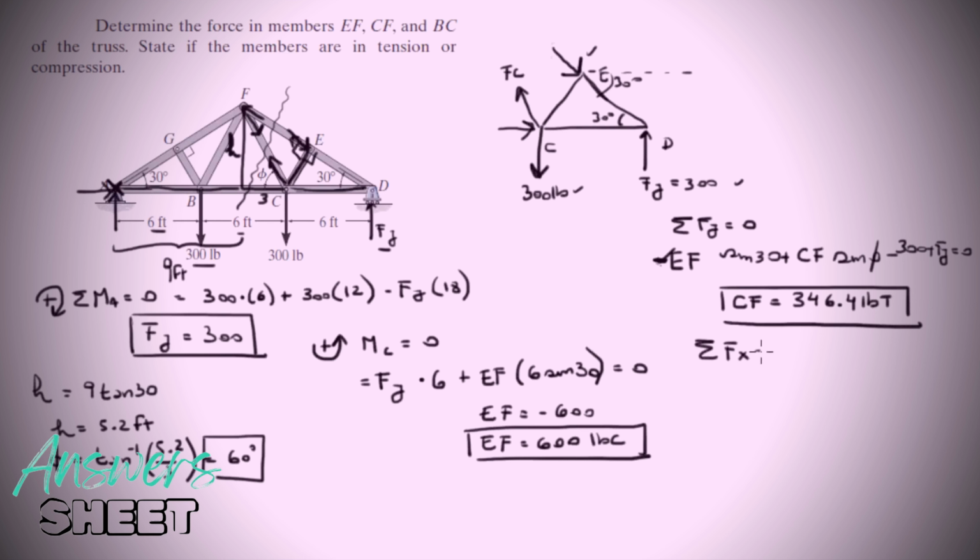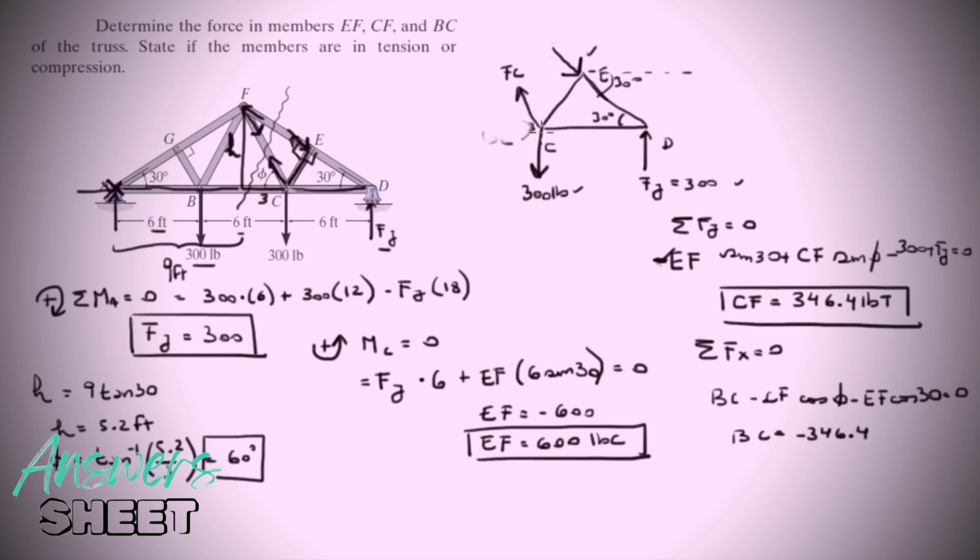And if you do the sum of the forces in X equal to 0, you can find the last one, which is BC. You get BC minus CF cosine of phi minus EF cosine of 30 is equal to 0. You get that BC is equal to negative 346.4, which means that it was aiming the other way.